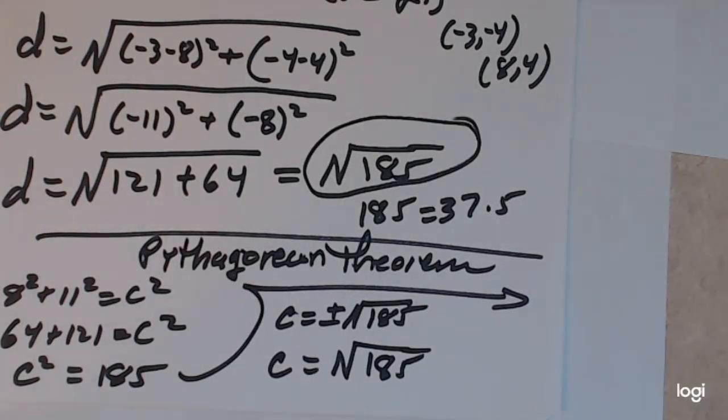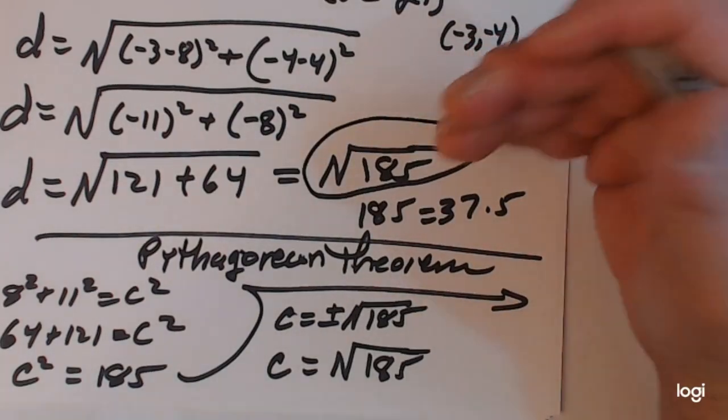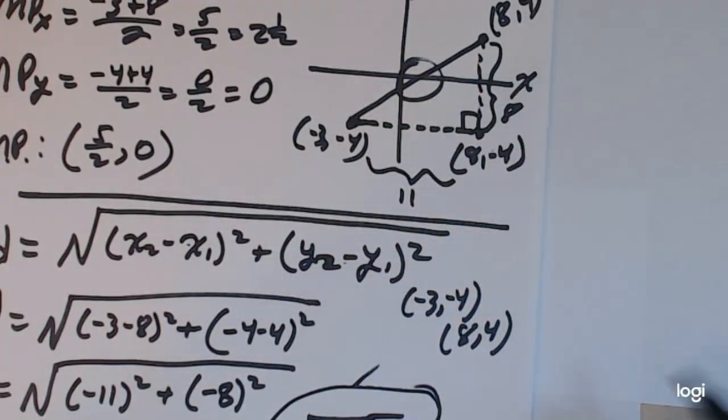So again, we can do it both ways. We can do it using the distance formula over here, and we can do it using the Pythagorean theorem from up on the graph.